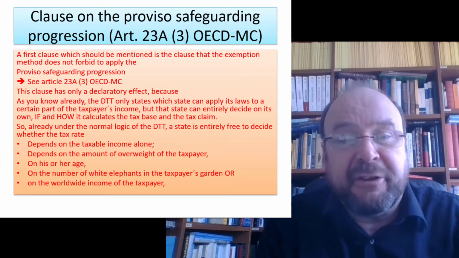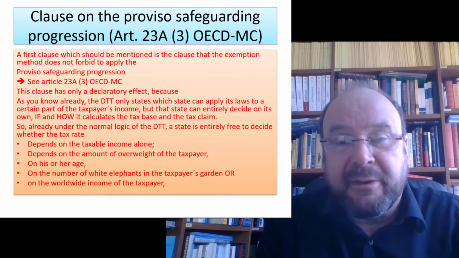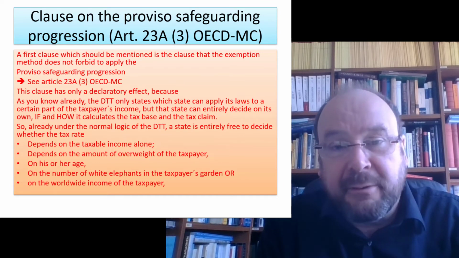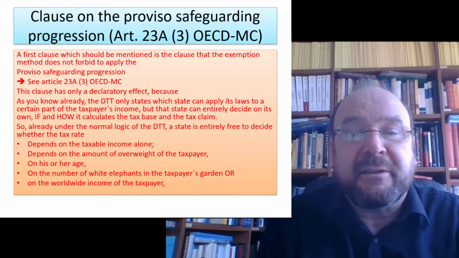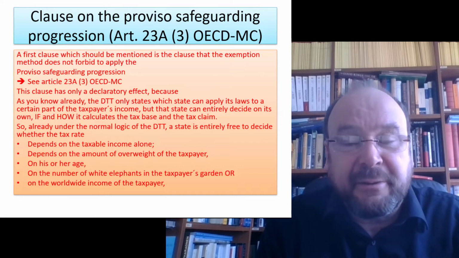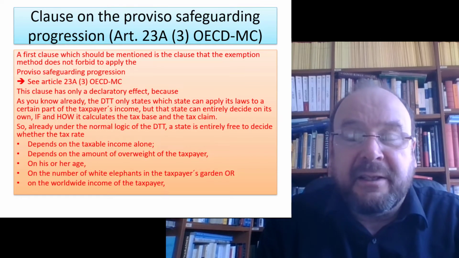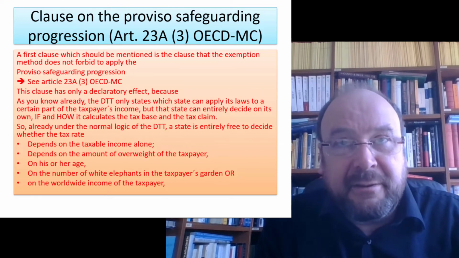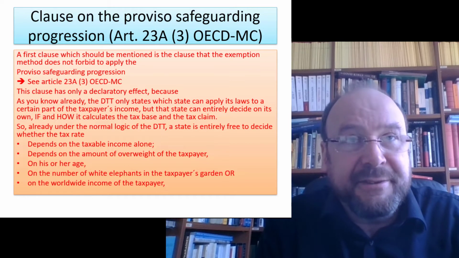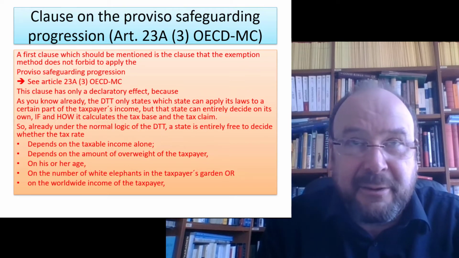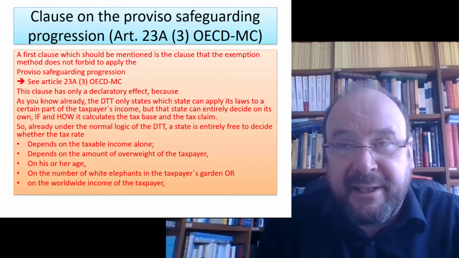Naturally, the exemption method does not preclude the application of the proviso. If that clause were missing, it wouldn't change anything in the legal situation, but the clause gives an additional certainty that such a misjudgment of that kind does not happen again.